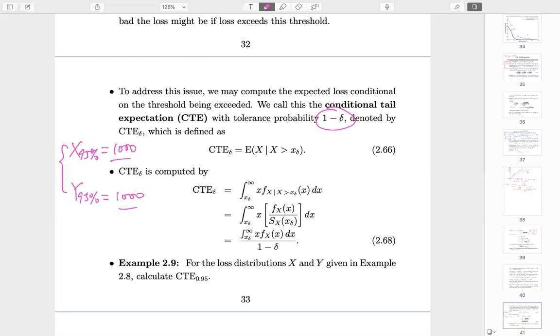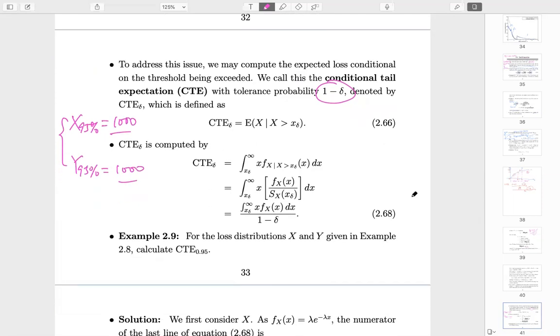So the next level for me to do is to look at the tail. How bad are they on the tail for x and y? Let's say x equals 1,500 with, let's say, 5%. So everything is on a single point.